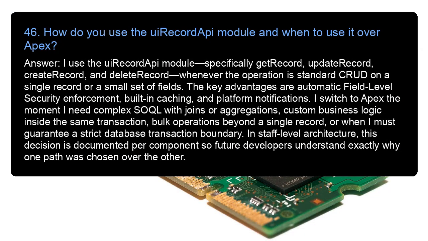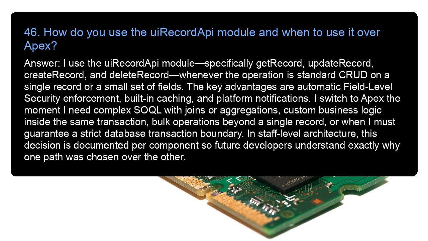46. How do you use the UI Record API module and when to use it over Apex? Answer: I use the UI Record API module, specifically getRecord, updateRecord, createRecord, and deleteRecord, whenever the operation is standard CRUD on a single record or a small set of fields. The key advantages are automatic field-level security enforcement, built-in caching, and platform notifications.